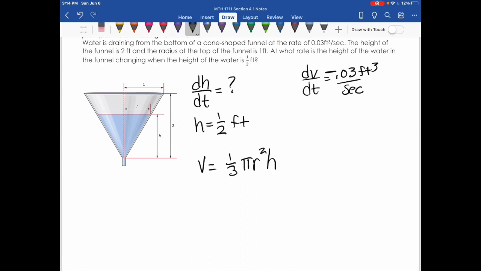Now, if you notice, the ratio of the sides in the two triangles are the same, so the ratio from r to h is 1/2, or you could write it as r is equal to h over 2. So I'm going to replace r with h over 2, so we can have everything in terms of h.